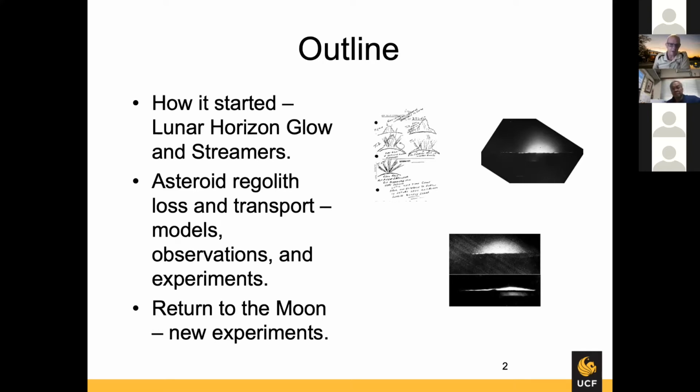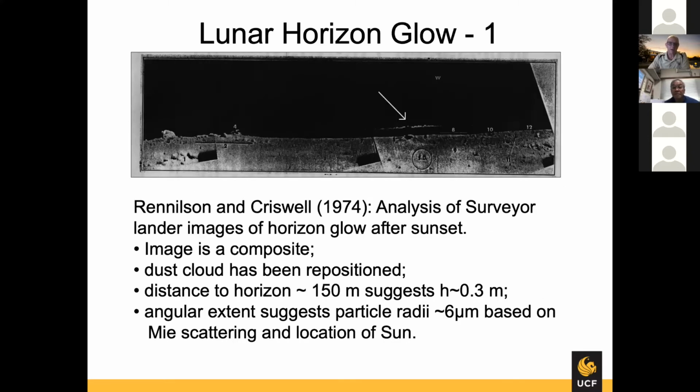And then there were images from Surveyor landers on the lunar surface in the 60s, prior to the Apollo missions. And this paper analyzing one of those images is from Rennilson and Criswell in 1974.